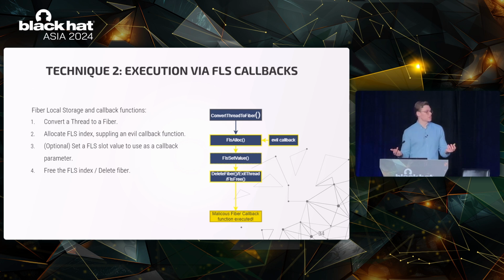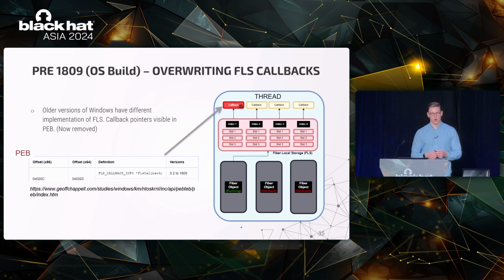And then we're ready to execute it. We either delete the fiber, exit the thread, or free that fiber local storage index, and this triggers the execution of the callback. On older versions of Windows, you also had a pointer to the callback table in the process environment block, so you could overwrite existing callbacks with your malicious callback.